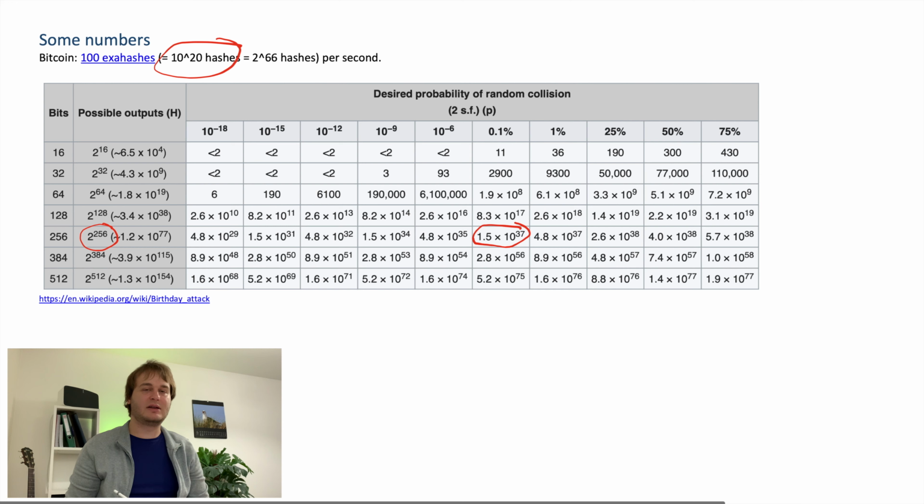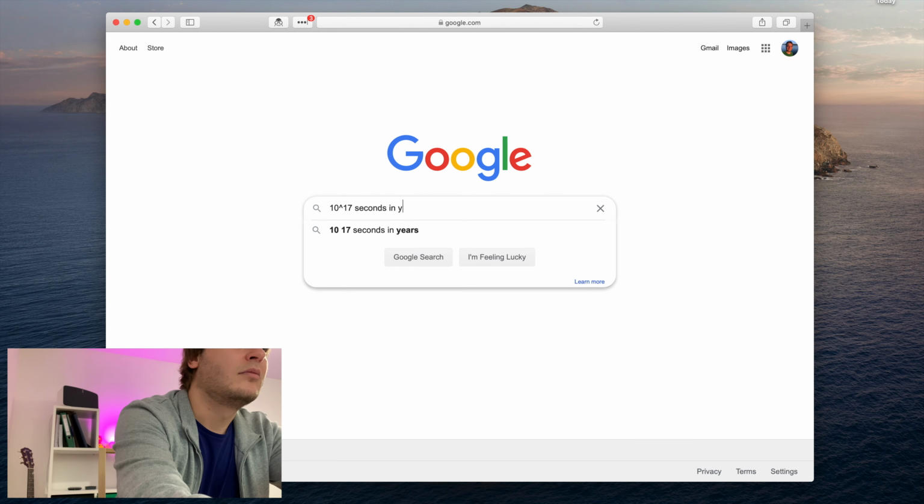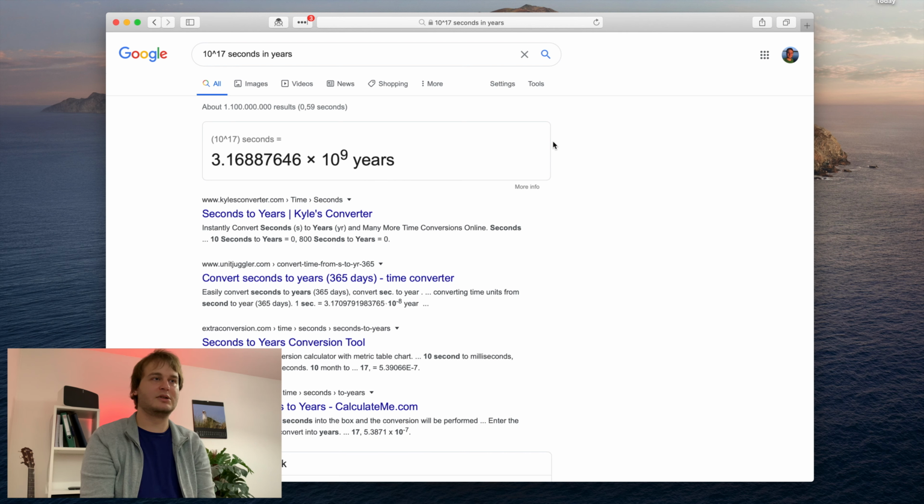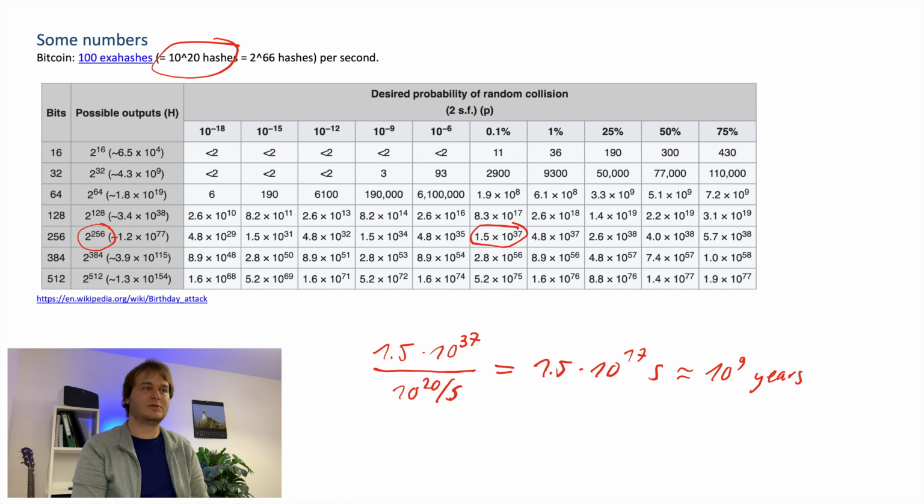So how much time would that take for the Bitcoin network? If we divide the number of hashes that we need by the hash rate, then we get that this will take approximately 10 to the 17 seconds. How much is that? There we're talking about 3 billion years, so this is fine. So that's why 256 bits is at least the standard for hash functions.